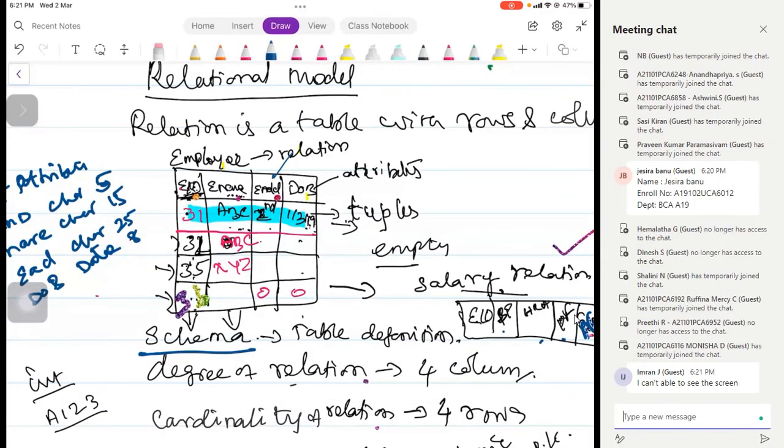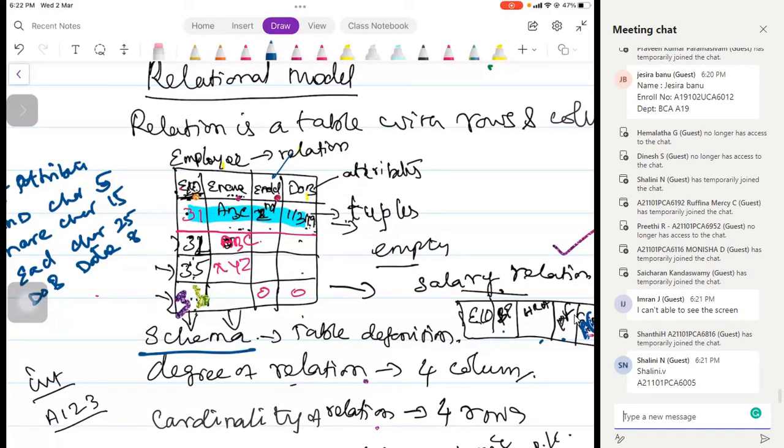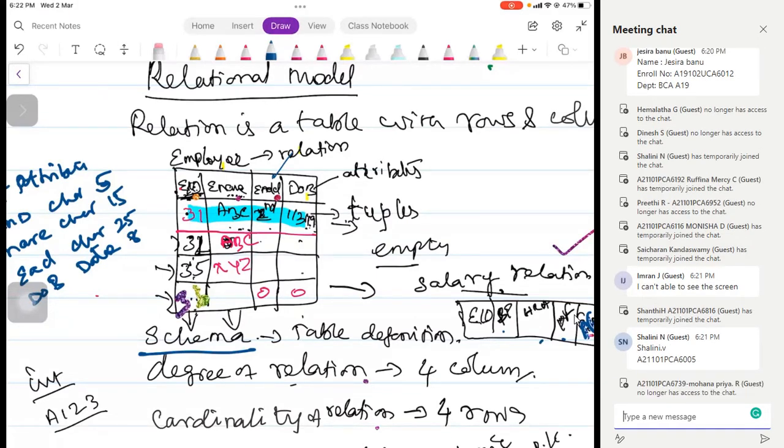Individual columns we can call a domain or an attribute. So see, date of birth is an attribute, then the whole column we can call a domain. So the one row of information about the particular employee we can call a tuple.